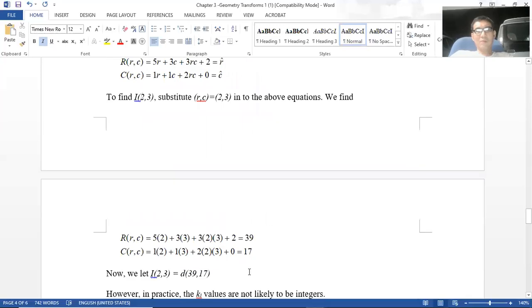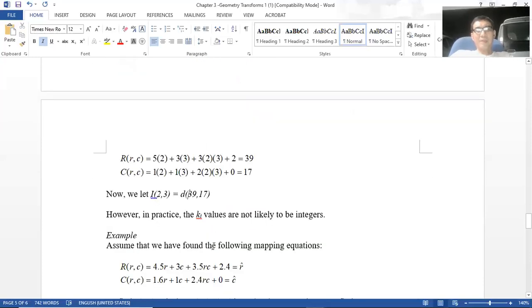So you just need to go to the distorted image, row 39, column 17, copy the gray level, and then paste into your restored image location 2, 3. So basically, it's just a mapping of location.